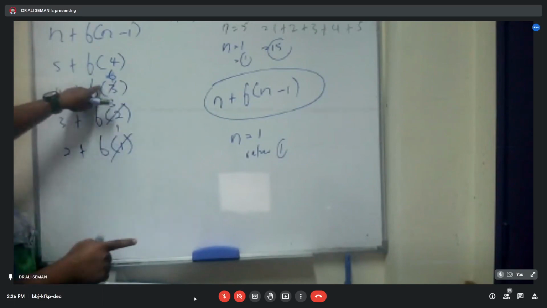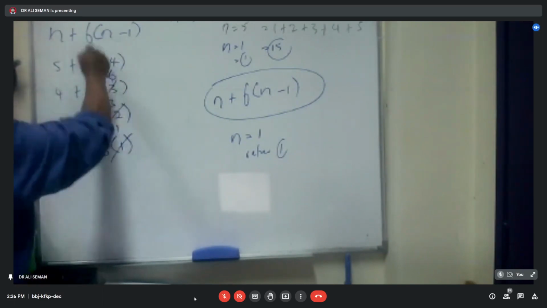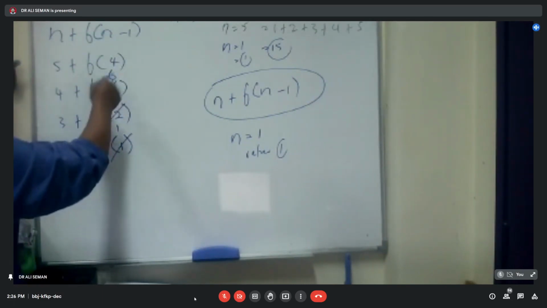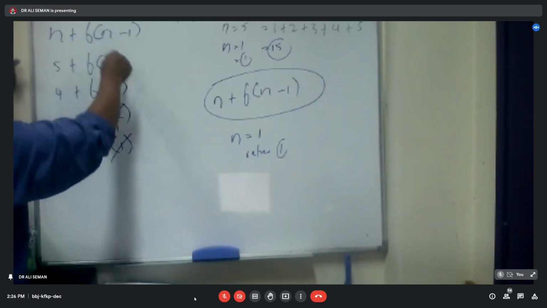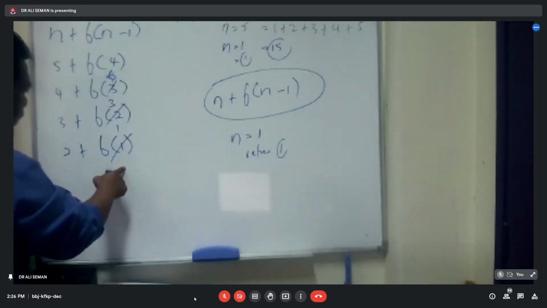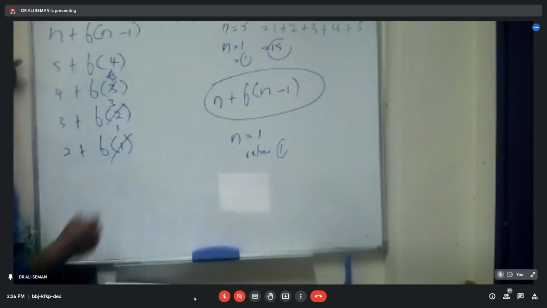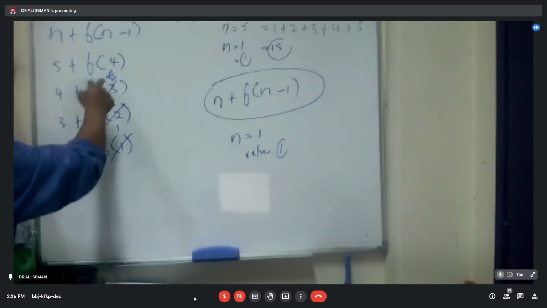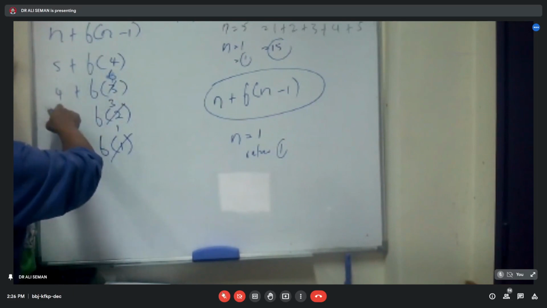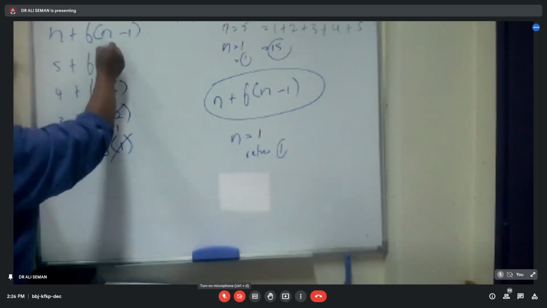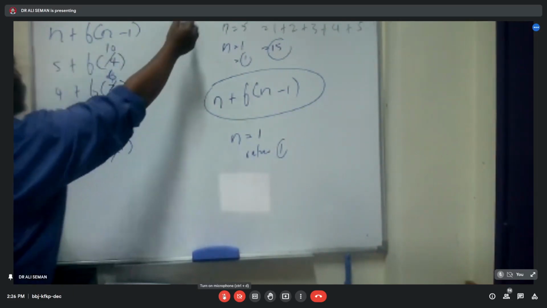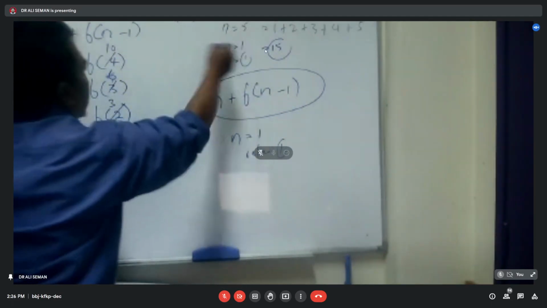We return to this function. This is a small copy of the bigger problem, becoming smaller until this. You copy the same thing: the parameters, n minus 1, the code, and so on and so forth. So 6 plus 4, 10, right? 10 plus 5. So we got the answer just now, 15 here.